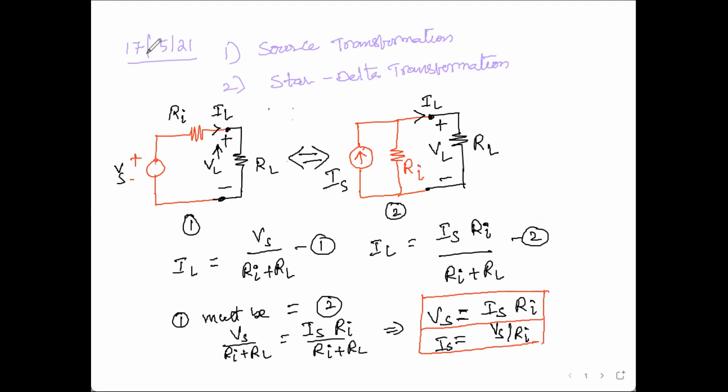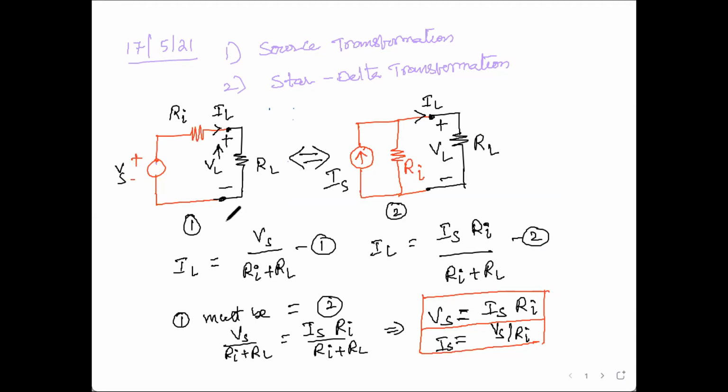The left side Vs and right side Is, two sources are there. The load resistance being the same in both the circuits, RL is the same. In that case, if RL is receiving the same current and same voltage in both the circuits, then we can say that this voltage source can be converted into a current source and vice versa.